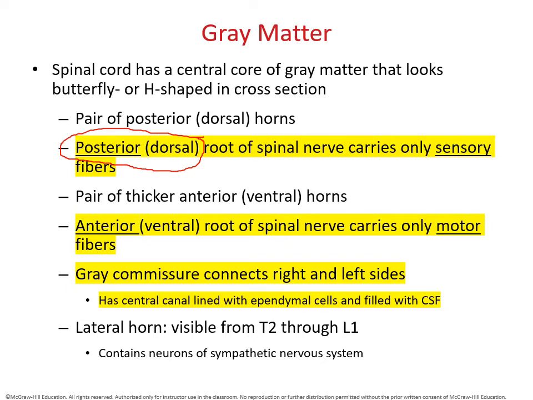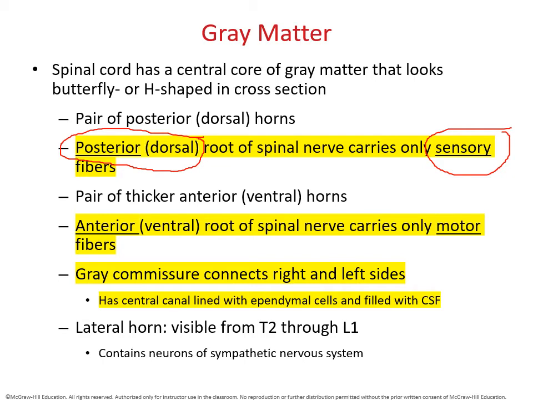Their main function is going to be to carry sensory information. So the sensory information is going to come in through the dorsal or posterior root of the spinal nerve. That's how it's going to travel its way over to the gray matter, meaning the core of the spinal cord. Then the function that needs to be carried out is going to be done by the anterior or ventral root.